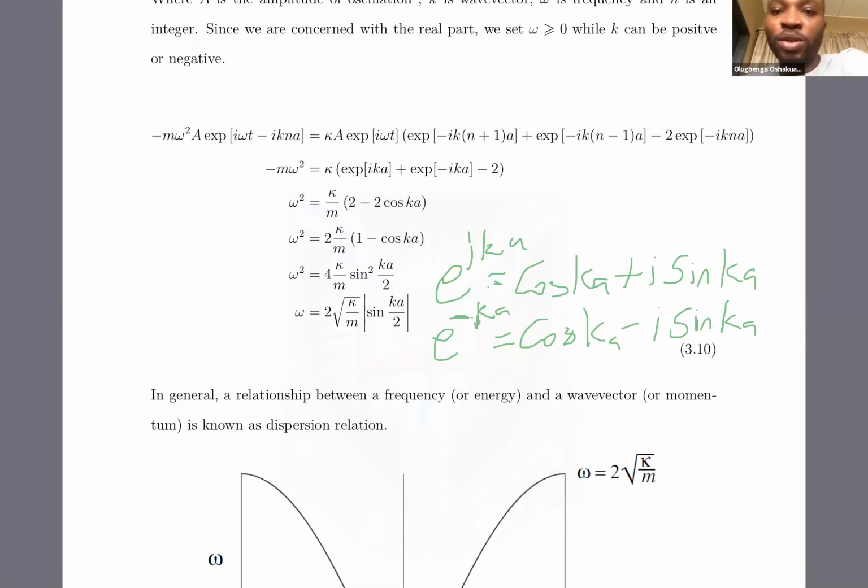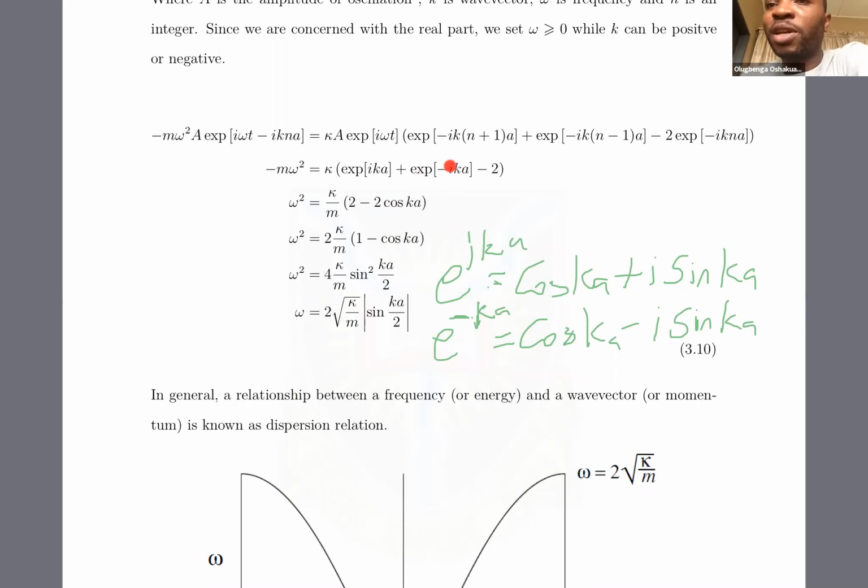So when you put e to the ik into this expression and e to the minus ik into this expression minus 2, you should get 2 cos ka minus 2.